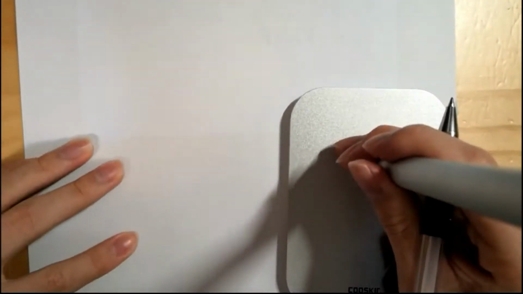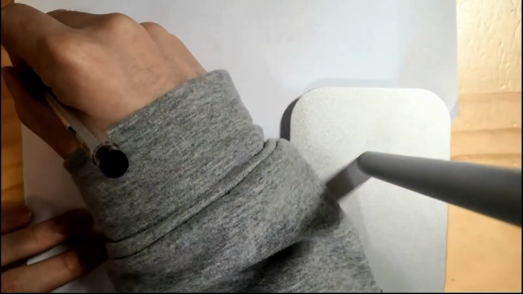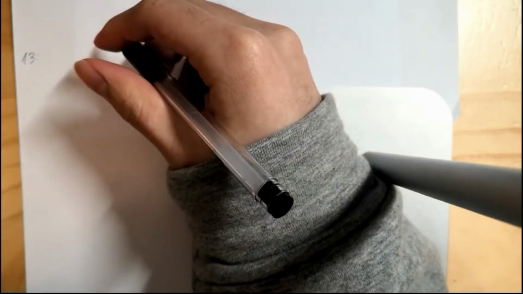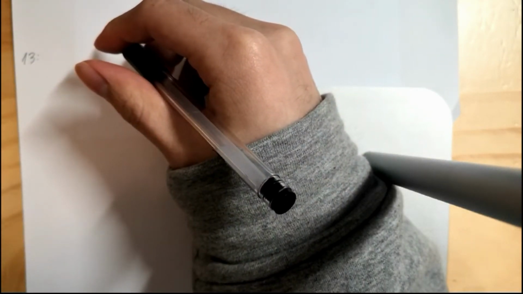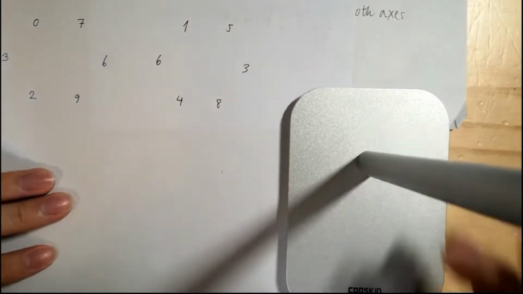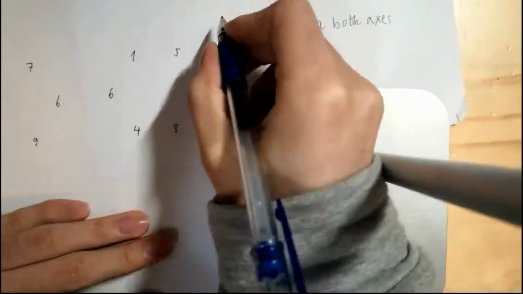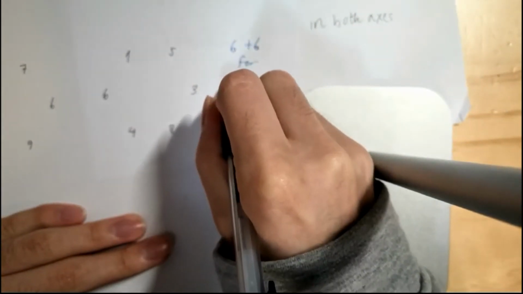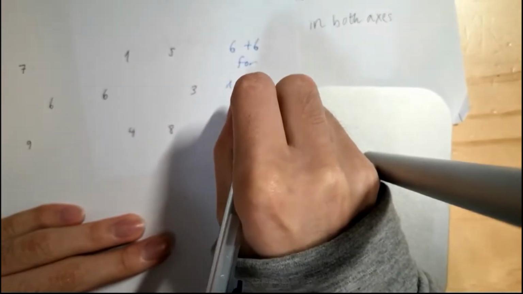Now, what's different about 13 from 7 is it's a little weirder. I'm gonna have to copy the numbers down. We have 12 numbers in total. That's kind of like 6 plus 6 for 1 to 12.